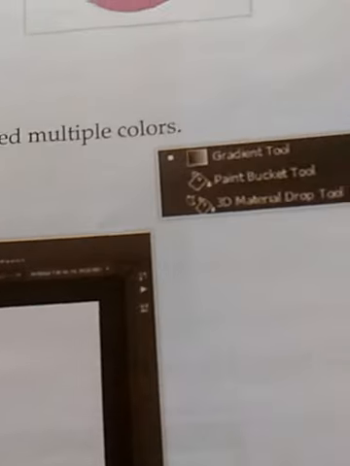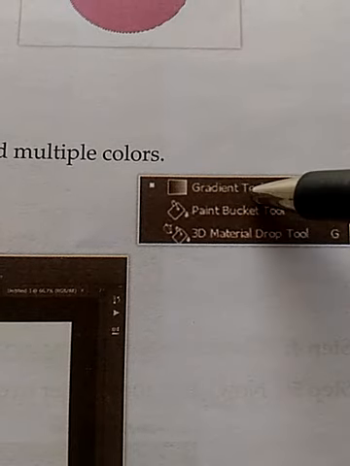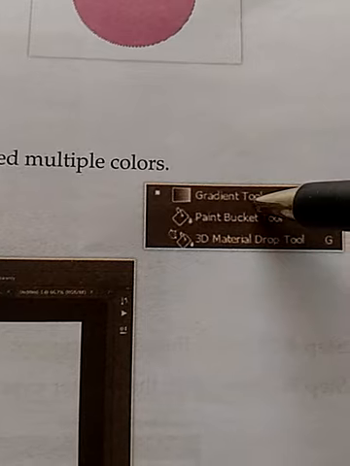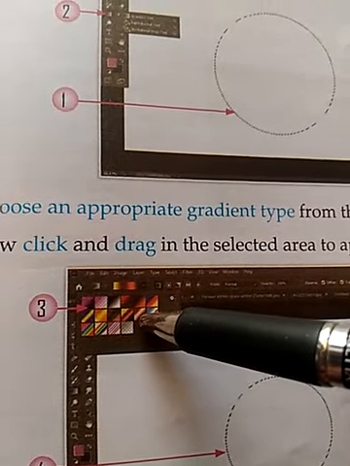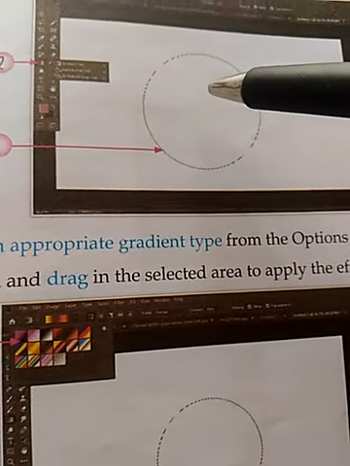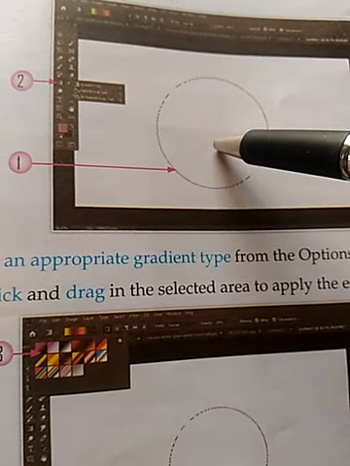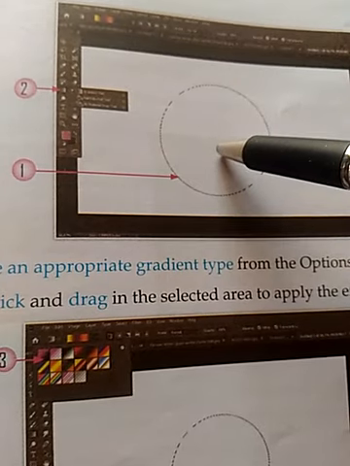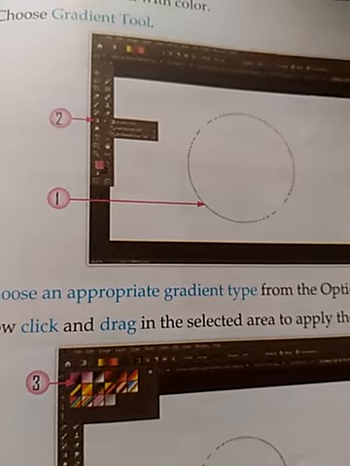After this, here in the paint bucket area you will find this gradient tool. After selecting the gradient tool, select the pattern which you want to apply. After that, move your cursor to that area where you want to apply that gradient, and just by left clicking your mouse you can apply the gradient in the particular selected area.